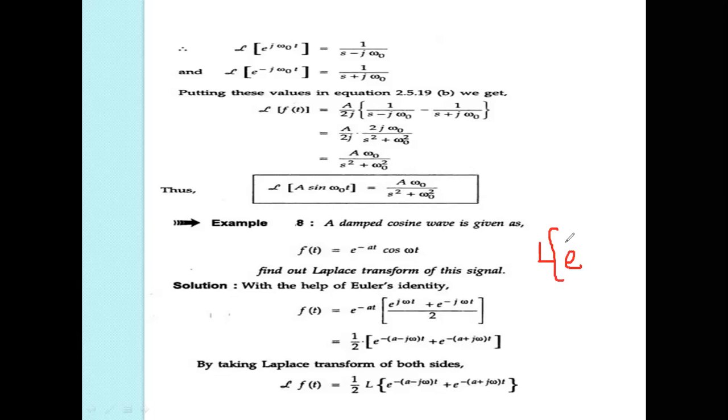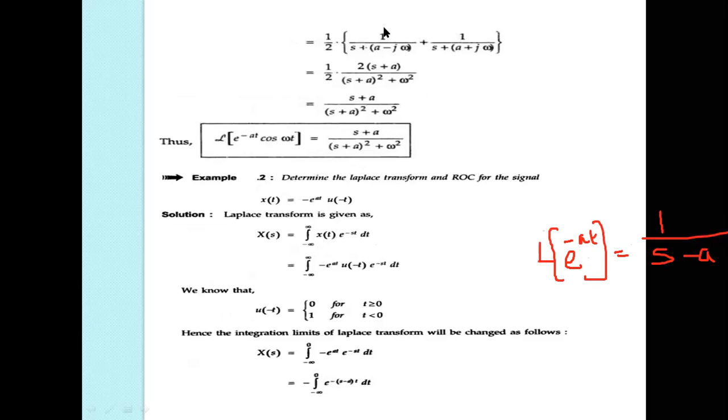Remember here, the Laplace transformation of e power minus at is equal to 1 by s plus a. Instead of a here, we have a minus j omega.